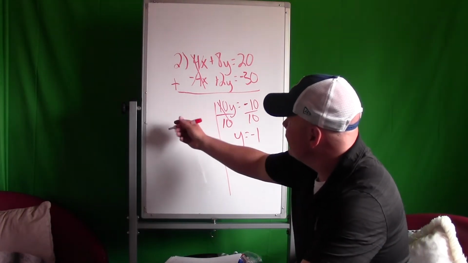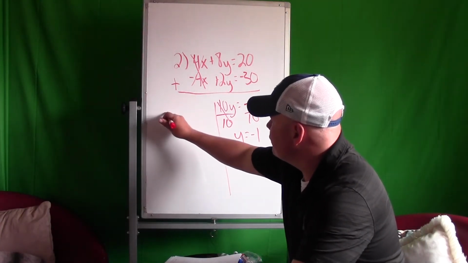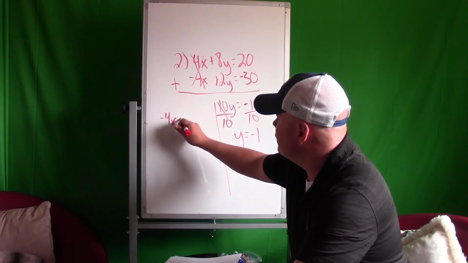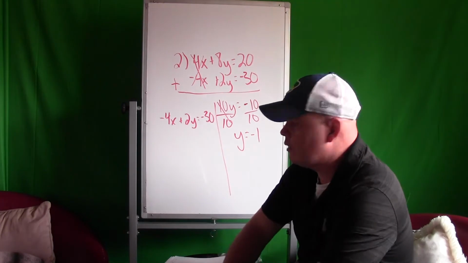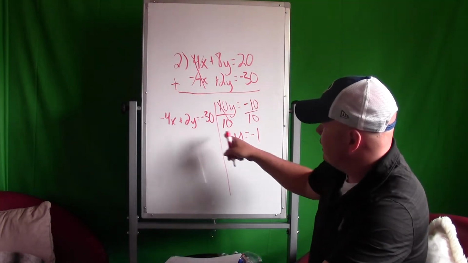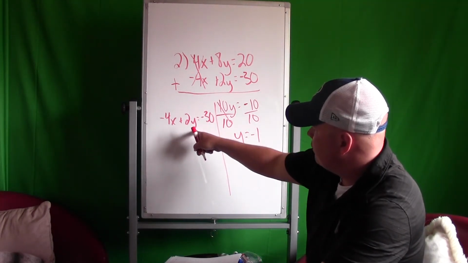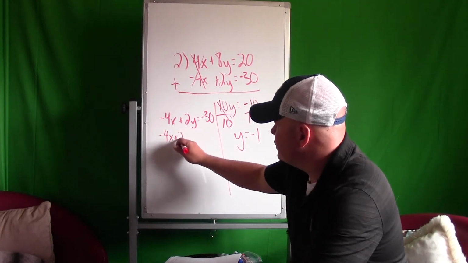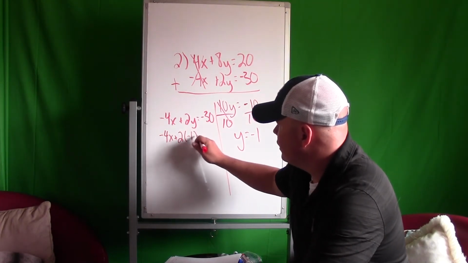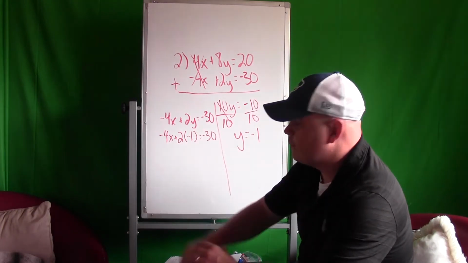Now I just need to plug it back into one of these. I'm going to choose the bottom equation again, even though it doesn't matter which one I do. Okay? And I'm going to take my y equals negative 1 and plug negative 1 in for that y. So negative 4x plus 2 parentheses negative 1 equals negative 30.